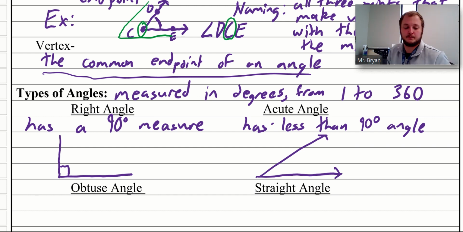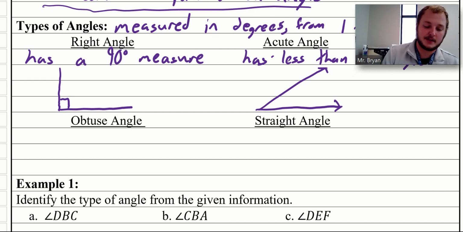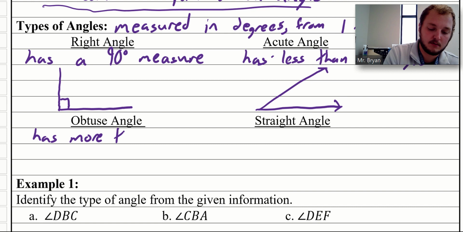Okay? Keep going here. We'll try to get through the last two. An obtuse angle, I want you to take a second and write that down as well. An obtuse angle is the opposite of an acute angle. So acute, we said, has less than 90 degrees. An obtuse angle has a measure of more than 90 degrees.